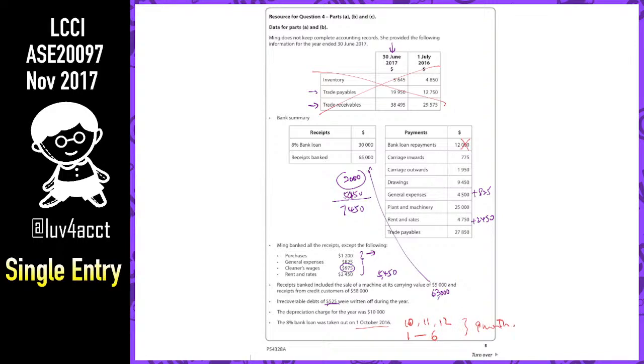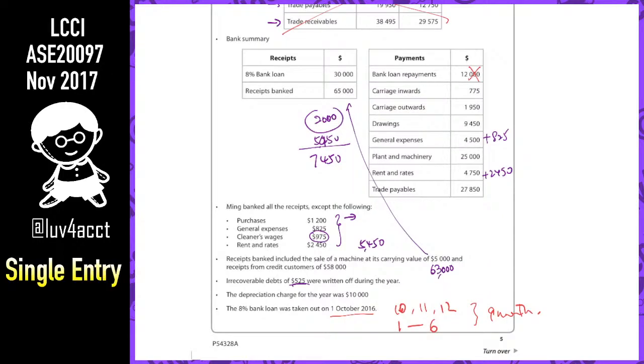So let us calculate 30,000 multiplied by 8%, 9 months. That will give you 1,800 as the interest. So first thing, 1,800.